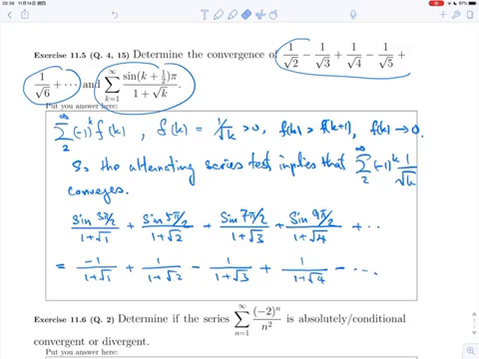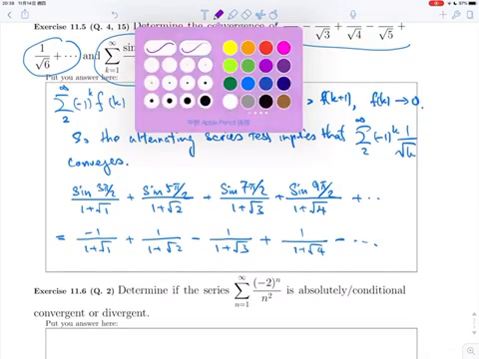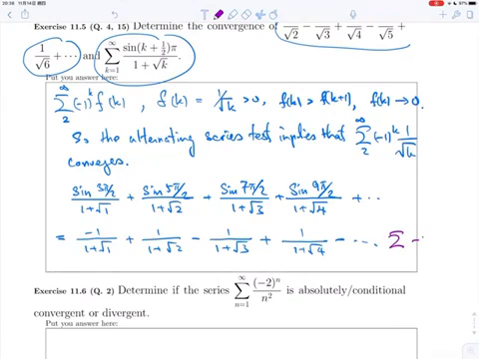So as you can see, the general term is fk. I'll put it another way. You're actually summing over a series that resembles minus 1 to the power k, starting from 1 to infinity, of fk, and fk is given by 1 over 1 plus root k.